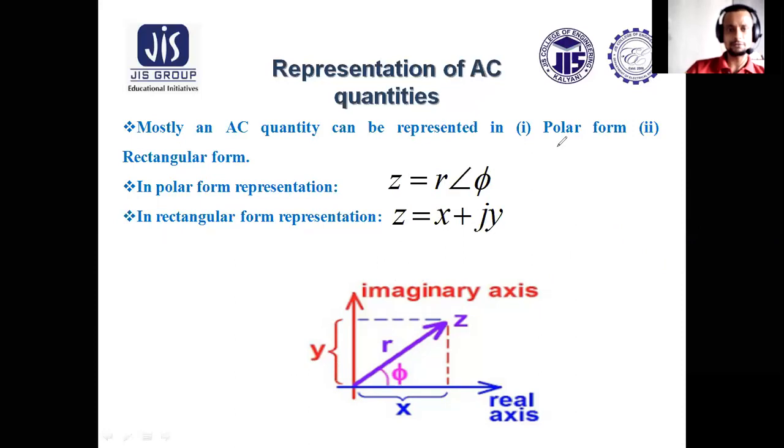Exponential form I have skipped intentionally because if you know polar and rectangular form, you can solve AC networks. Polar form is represented by its magnitude and angle, whereas rectangular form is represented by real part plus imaginary part. Now let us move to the next slide.